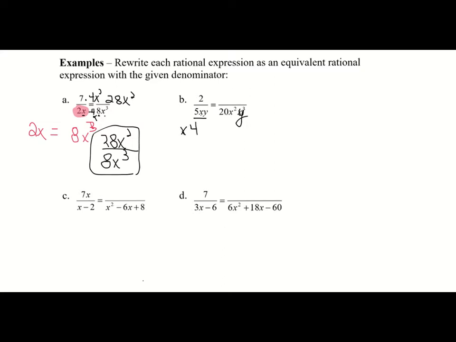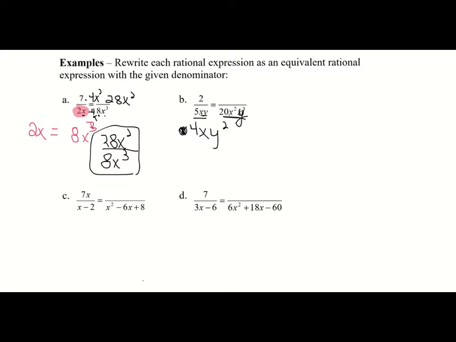To go from x to x squared, I have one x here and I added another one. To go from y to y cubed, I need 2 more, so y squared. So if I multiply the bottom by 4xy squared to get this 20x squared y cubed, I do the same thing to the top.